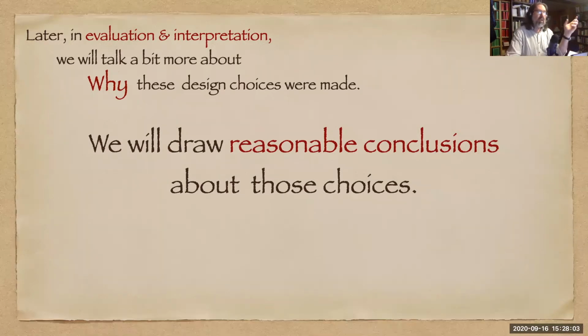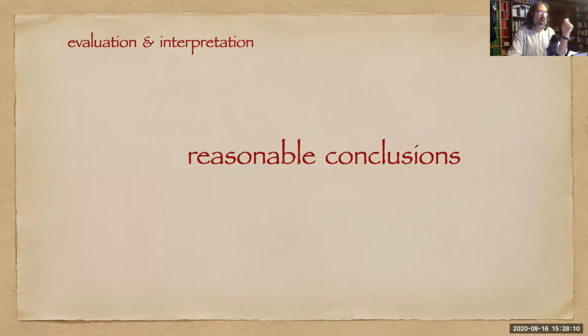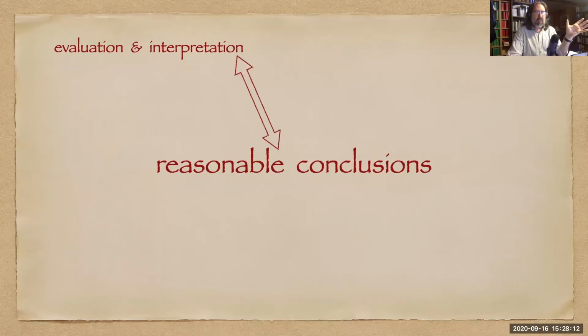That is the question that we will use to draw out our judgments, to make reasonable conclusions. And in fact, when your textbook talks about evaluation and interpretation, they mean the reasonable conclusions you're going to draw about this message. The thing that in the lessons on criticism, we said, remember, you're going to make a judgment. This is the judgment. The judgment you're going to make will be a reasonable conclusion, or maybe two or three reasonable conclusions that you're going to draw together. That's your evaluation and your interpretation, and that will come later.